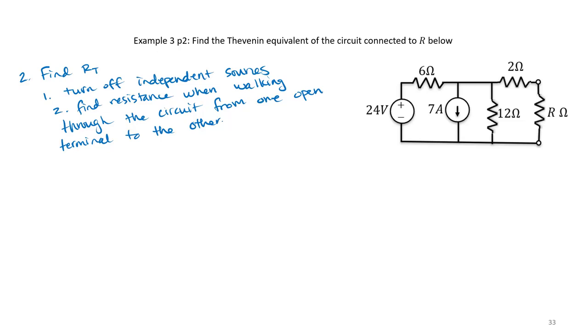So in this case, if we give that a try, remember once again, we still have our load resistance disconnected because we're only interested in the part of the circuit connected to that resistor. So the 7 amp source becomes an open, the 24 volt source becomes a short. Let's draw what we get.